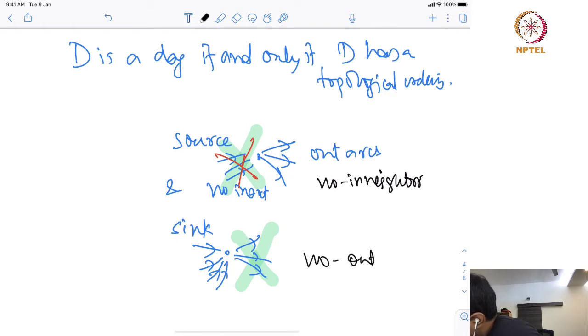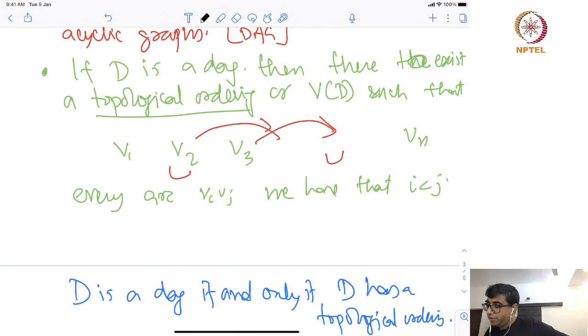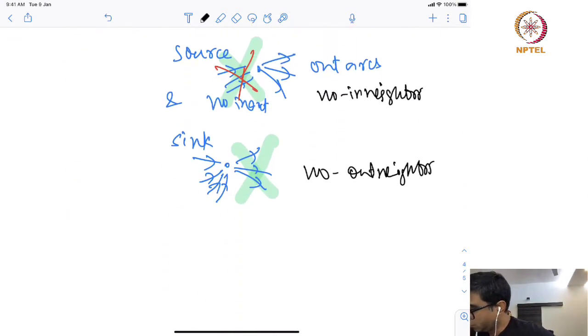What is a sink? No out neighbors. Right. So, in the topological ordering, the first vertex you can always show that it is a source, and if you delete this vertex, the next vertex will form a source of the remaining graph, and so on and so forth.